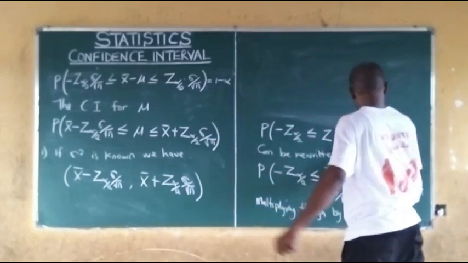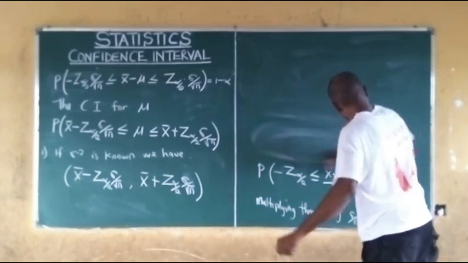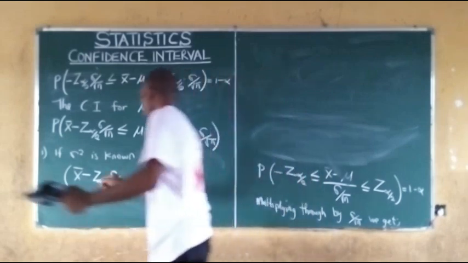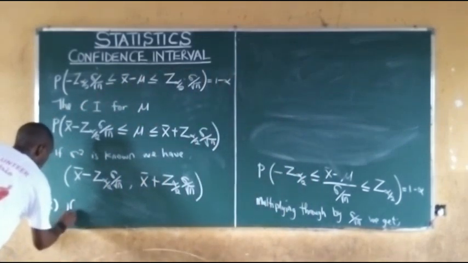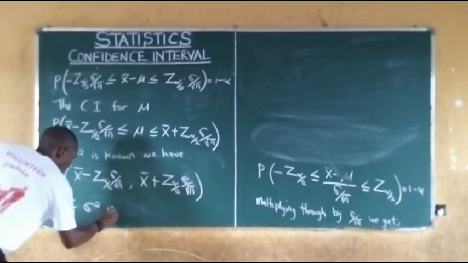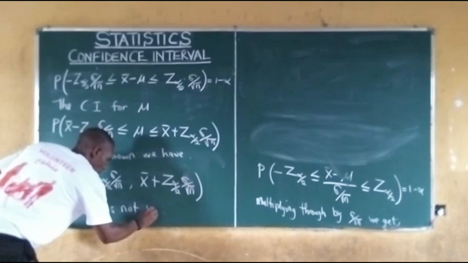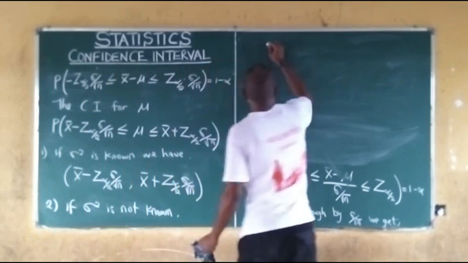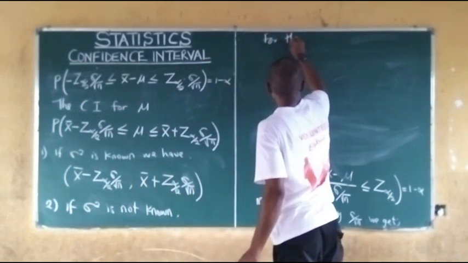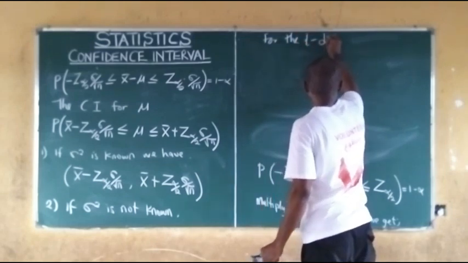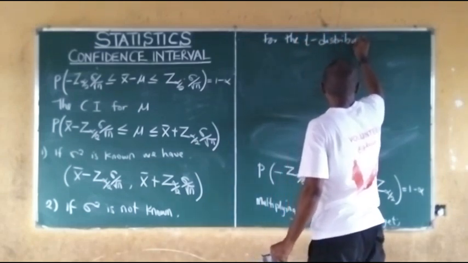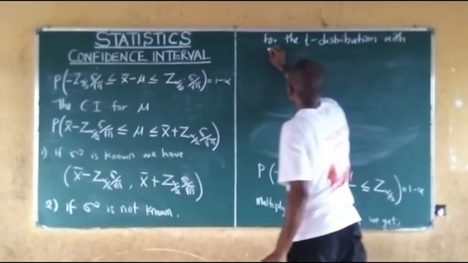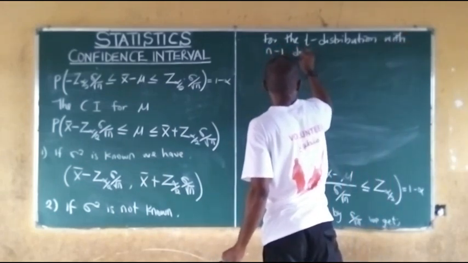So if sigma squared is not known, we translate to the t distribution, with n minus 1 degrees of freedom.